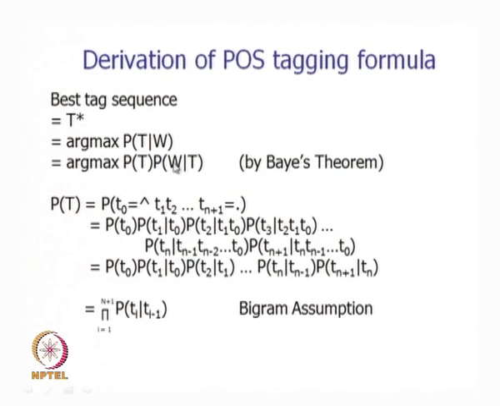So, this particular part may seem counterintuitive. One would think, what is this P W given T, because our very natural thinking about this problem is that given the word sequence, we would like to find out the tag sequence.